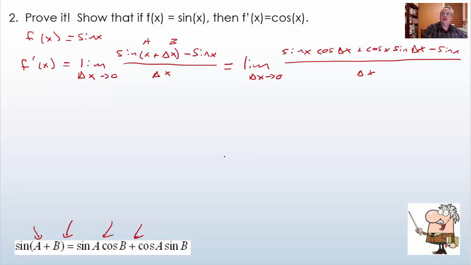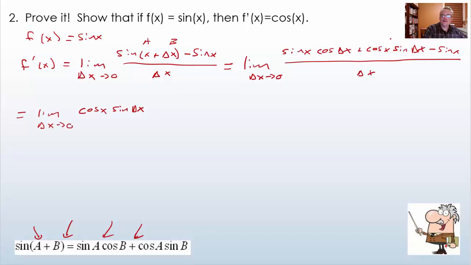Okay, I'm going to factor something out here. I'm going to factor out a sine of x out of this term and that term. So I'm just going to do a little rearranging. So this is the limit as delta x goes to 0, I'm going to put this term first. Is cosine x, sine delta x.